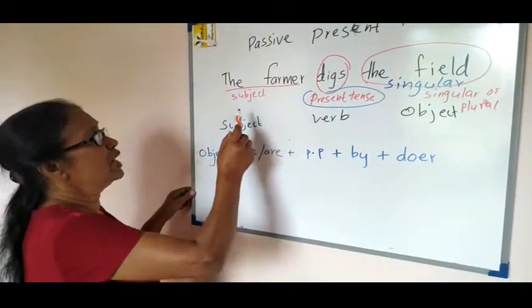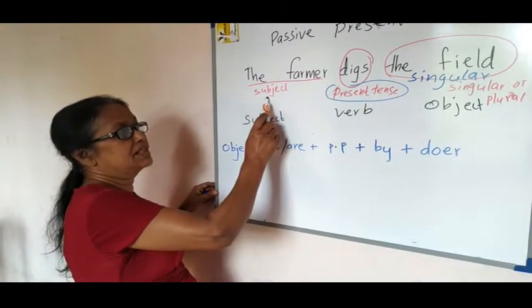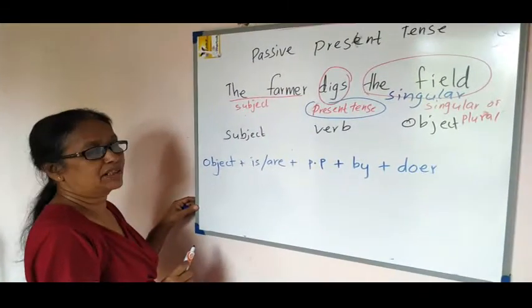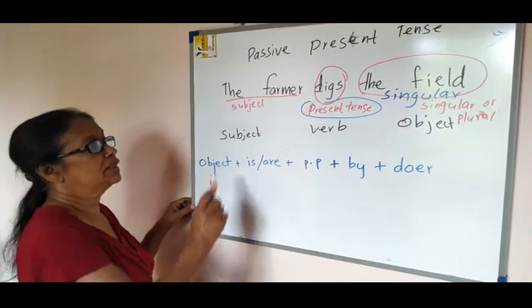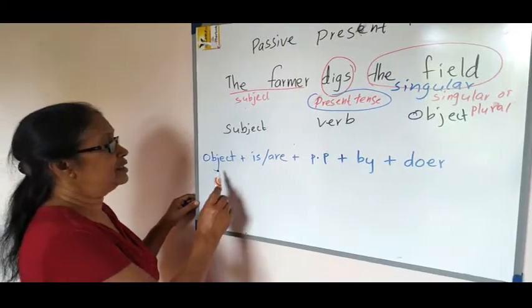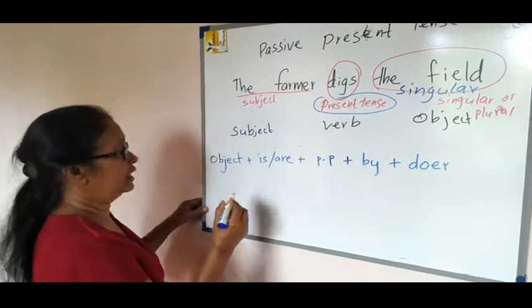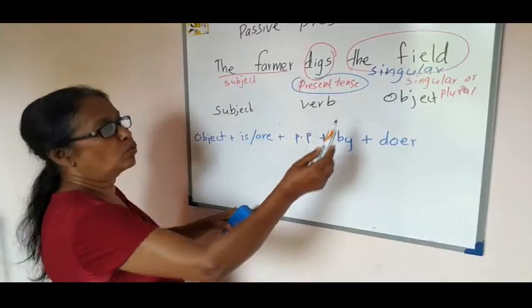Then you have to see the subject. The subject means the doer. Then the doer becomes the object here. Now turn it into passive. The field. Let's write once again.